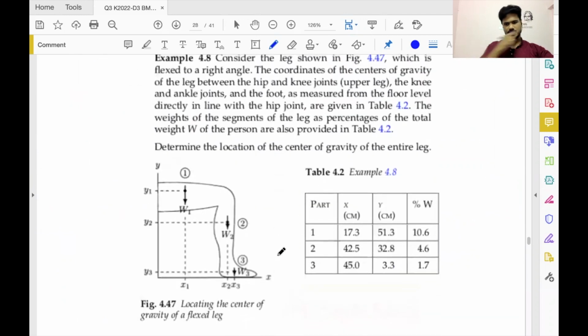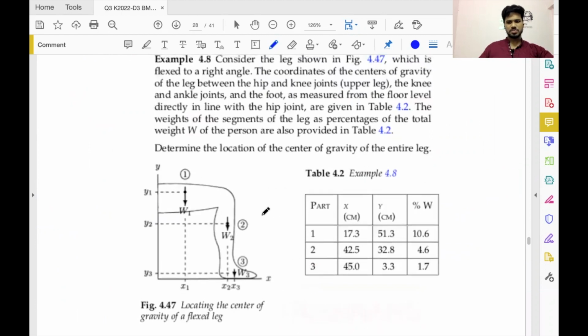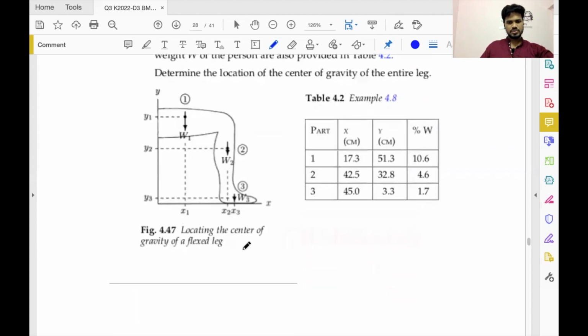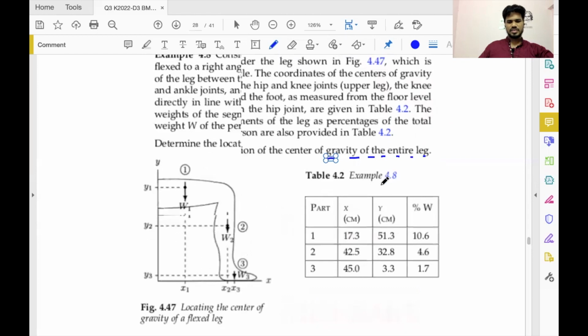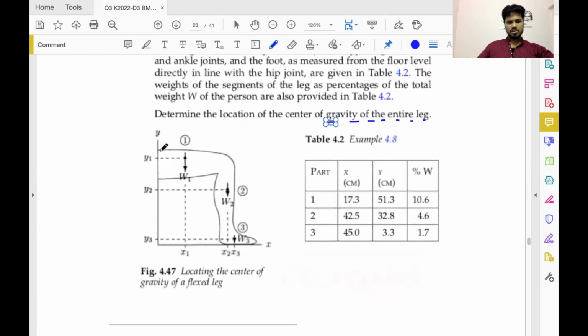Yeah, this is another problem just to make sure the center of gravity equation is possible. Just like locating the pulse height, we need to locate the CG, and I suppose CG of the entire leg. So we have 3 parts, part 1, part 2, part 3.